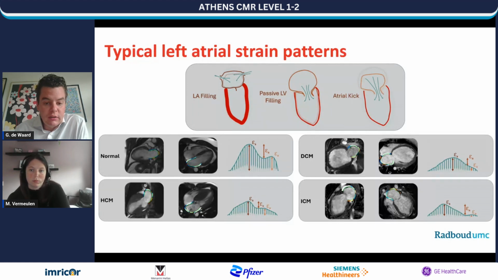So you'll see that the total strain is reduced, and that both the passive and the booster strain will be reduced there. In DCM, again, there's also a reduced strain. And in ischemic cardiomyopathy, we also see that there's a reduced atrial strain. Next slide, please.